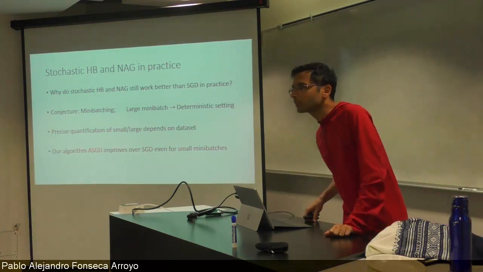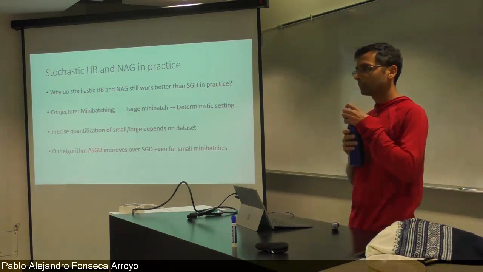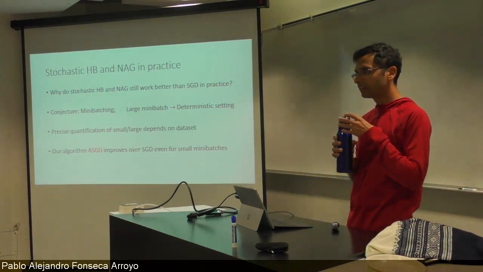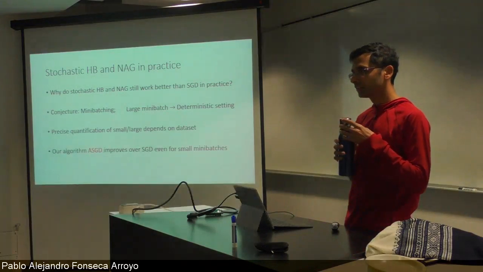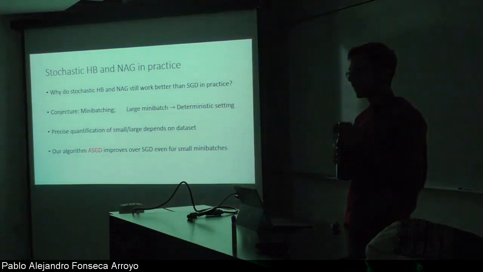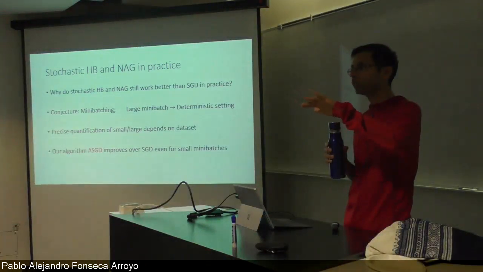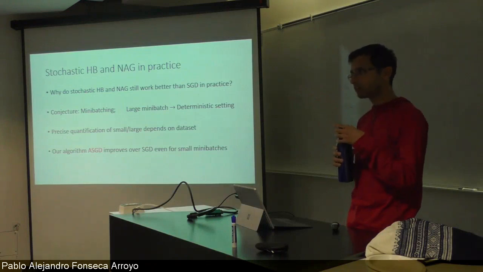Yeah. In your simple Gaussian example, where you did all the experiments to show the advantage of ASGD, have you tried to increase the mini batch size? We have tried. I don't have the pictures here, but it's gradual. Heavy ball and Nesterov gradually get more and more improvement if you use larger and larger mini batch sizes.